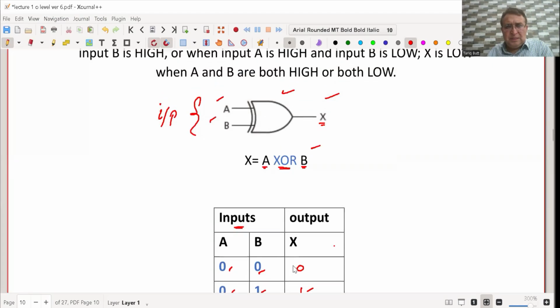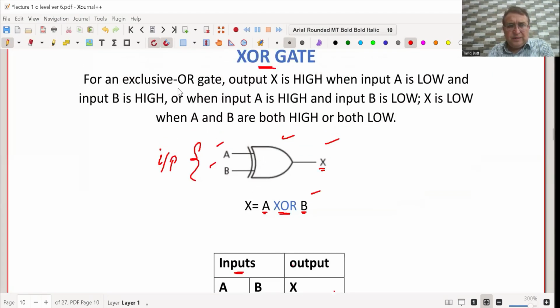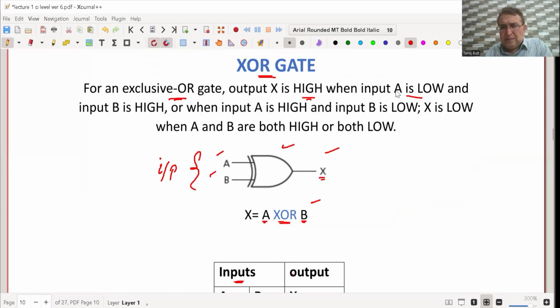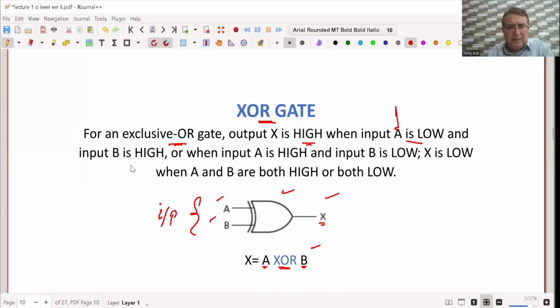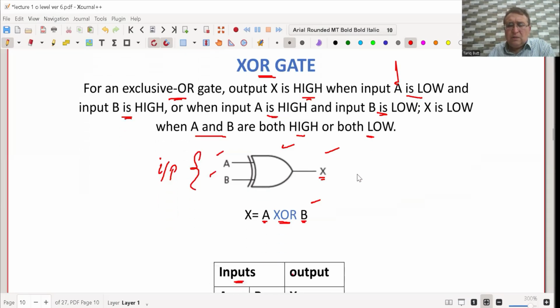So you can see that for an exclusive OR gate, output is high when either A is low and B is high, or when A is high and B is low. And otherwise, I mean, when both are either high or low, the output is going to be false.